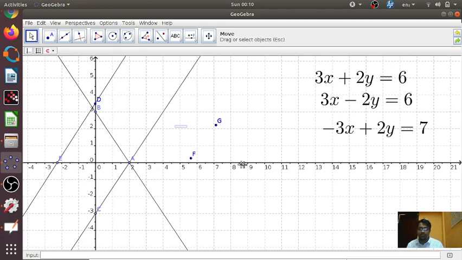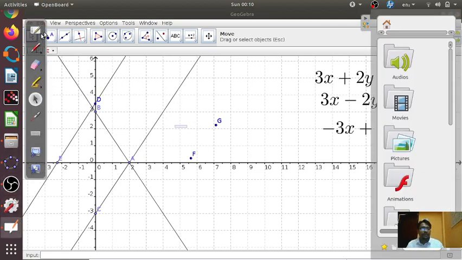If the spacing is not equal, you may get an incorrect graph. You may get the two lines intersecting somewhere else.